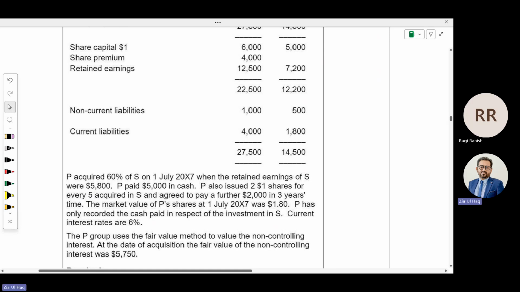P has only recorded the cash paid in respect of the investment in S. Current interest rate is 6%. The P group uses the fair value method to value the non-controlling interest. At the date of acquisition, the fair value of non-controlling interest was 5,750.